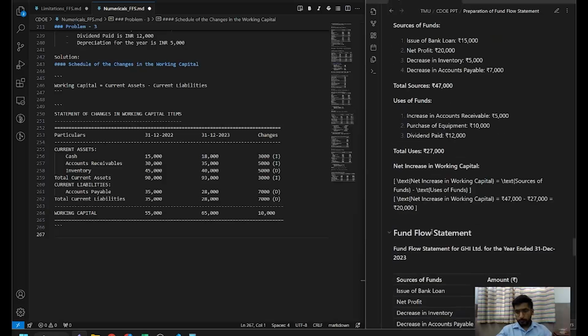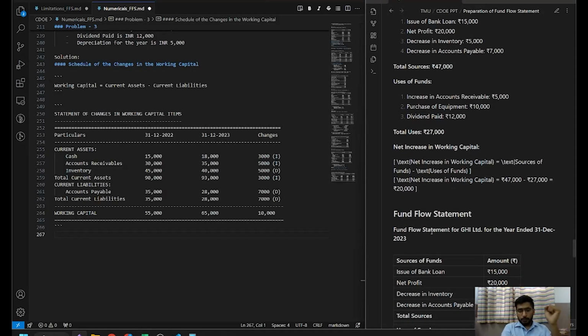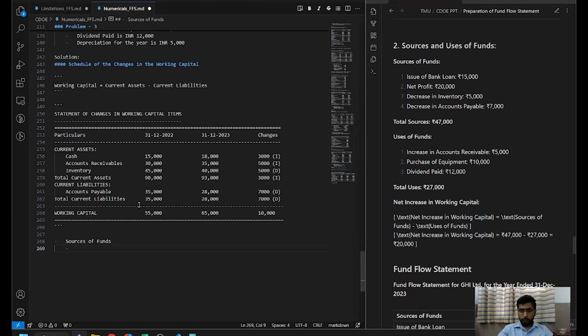Now, again, we'll calculate the sources of funds and the uses of funds. So, sources of funds. Number one source is the issue of the bank loan. Issue of the bank loan is INR 15,000.